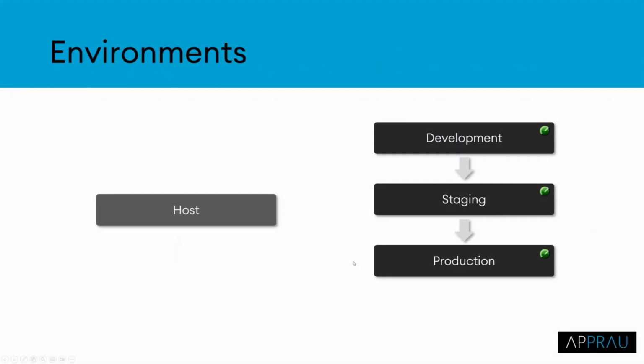Okay, so this is a typical example. To set up the pipelines, you need a host environment. Host environment is not your development, staging, or production. It's a completely separate one, purely for managing the pipeline process.